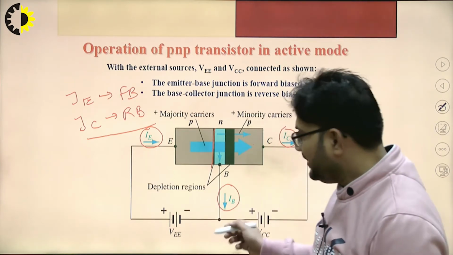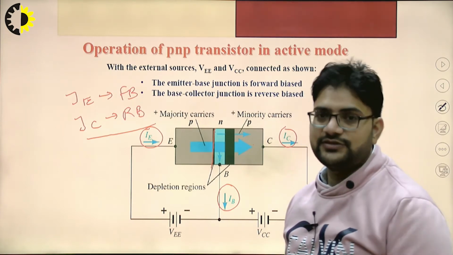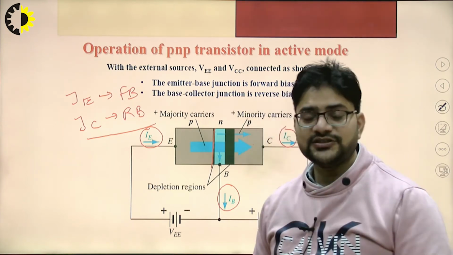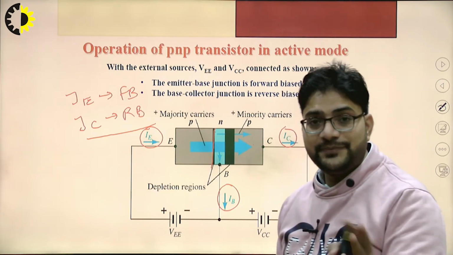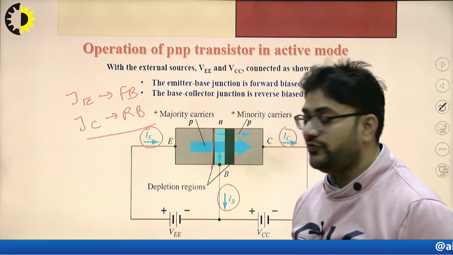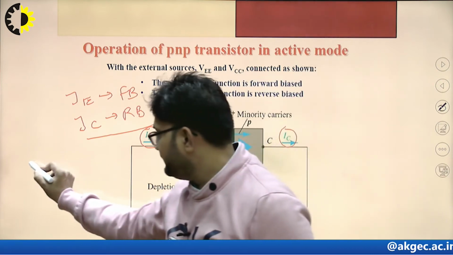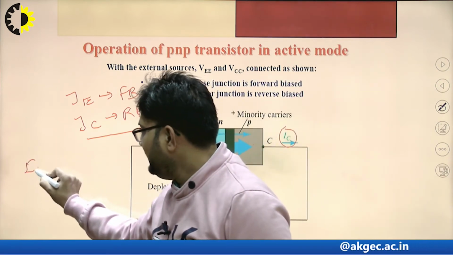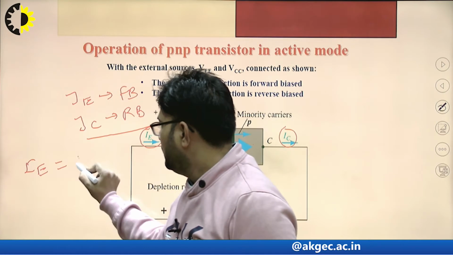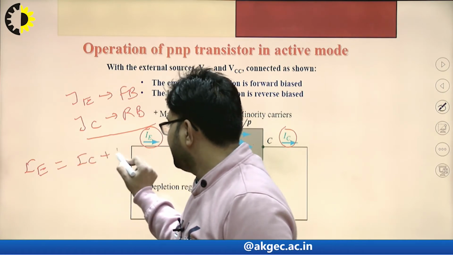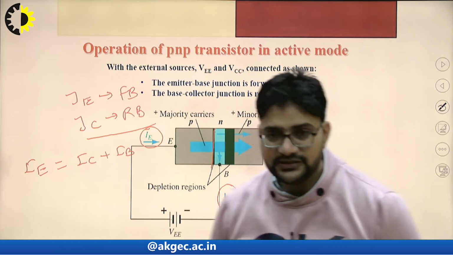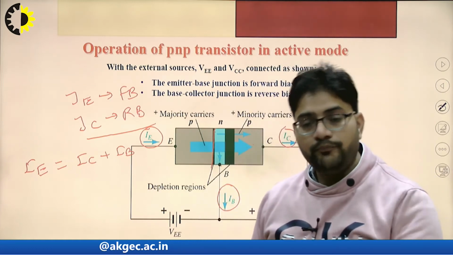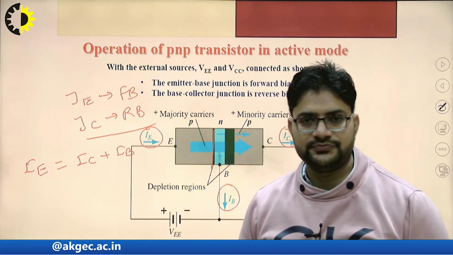So we can write the generalized equation, which is valid for the PNP as well as the NPN transistor. The equation is IE is equal to IC plus IB. This is the generalized equation, valid for both types of transistors.